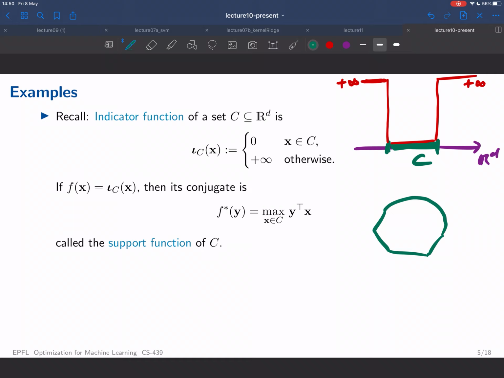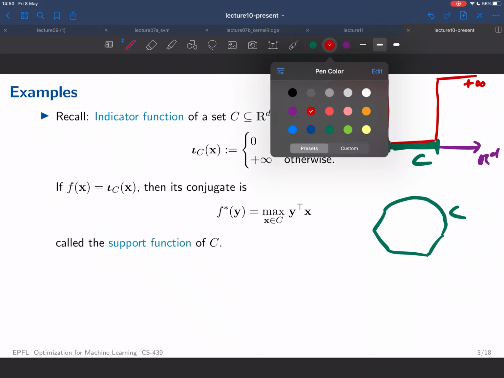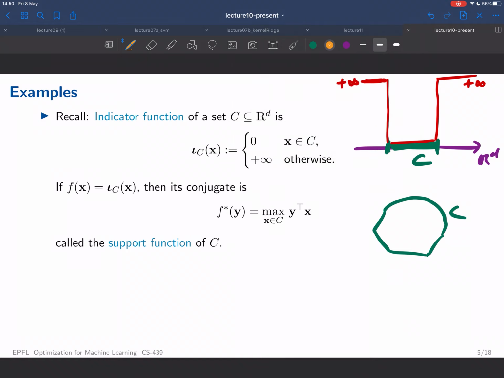Here I took a convex set, but it doesn't matter in general. What's happening here is maximizing the linear form. You're given a direction y, and you're asking which point in the set has the highest inner product with the direction y. Maybe the origin is here, it doesn't matter so much.